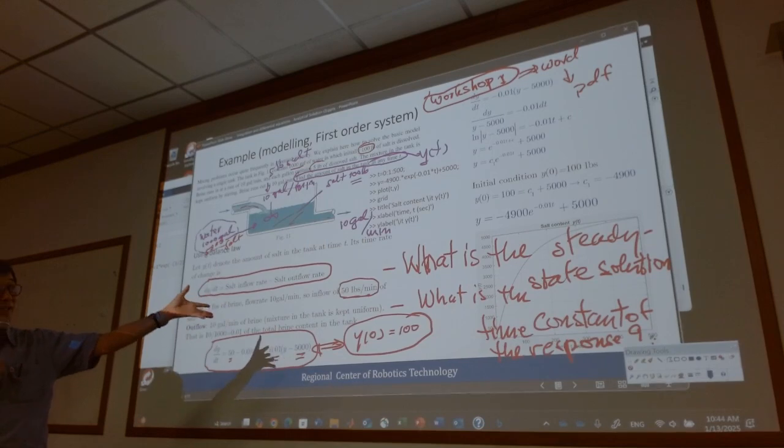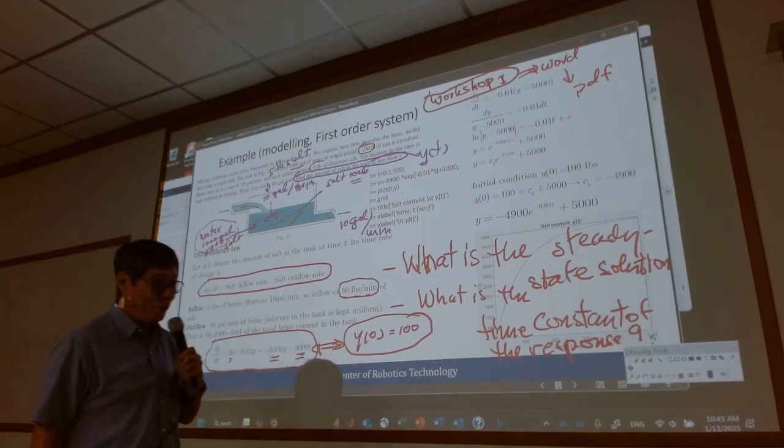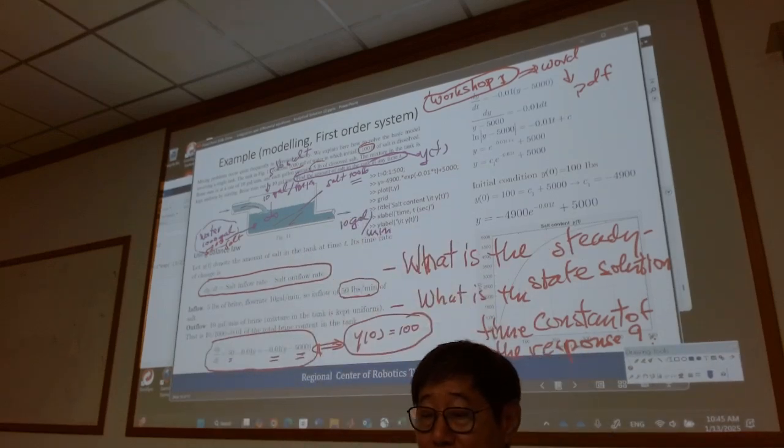What is the steady state solution? You know what the solution is? The steady state solution is the solution when t approaches infinity, y(t) when t goes to infinity.